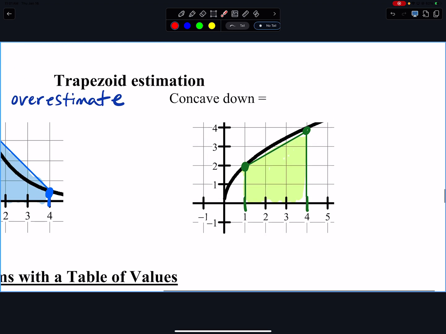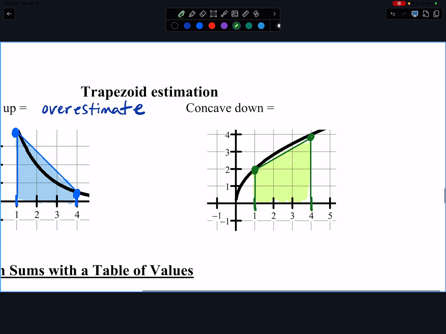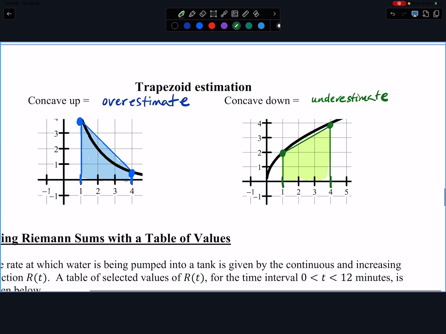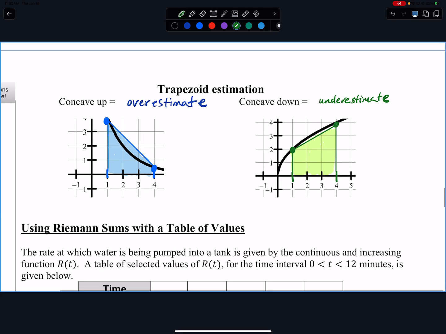So that would mean that this is an underestimate. But again, it's pretty close. Without doing what you will learn in a couple weeks, this is as close as we can get.